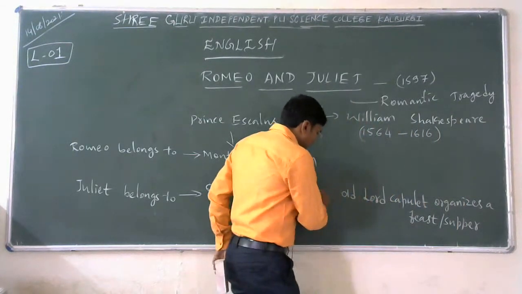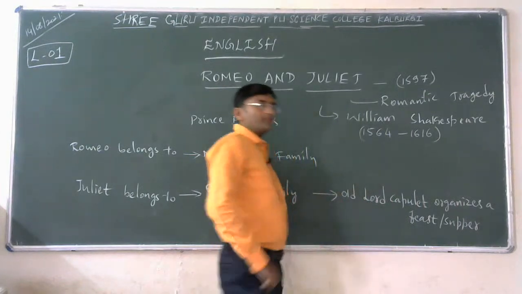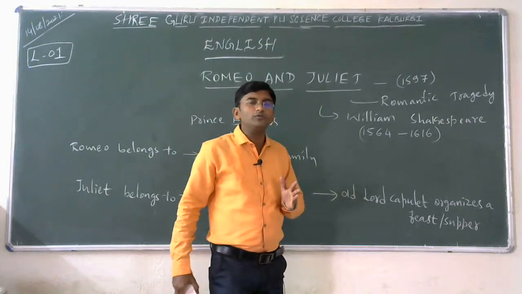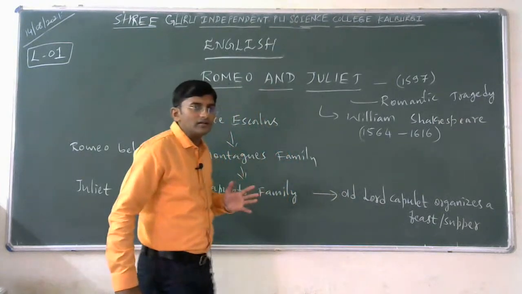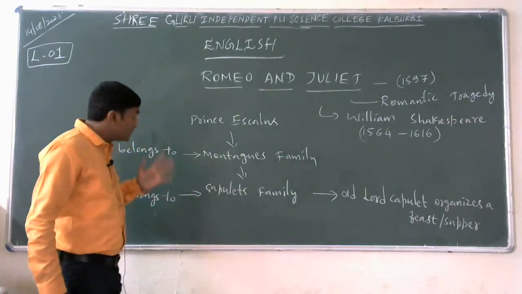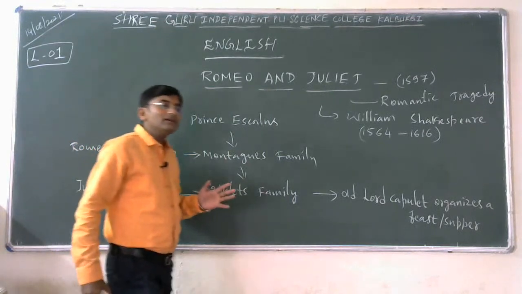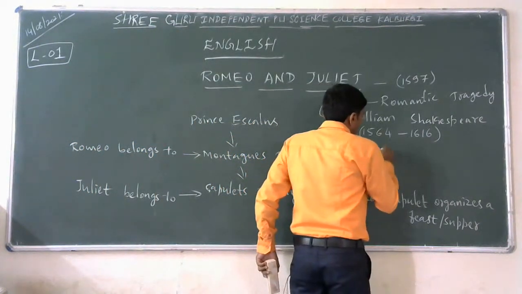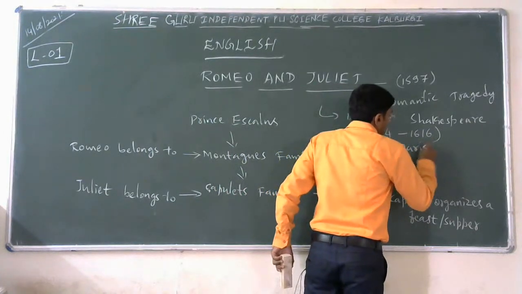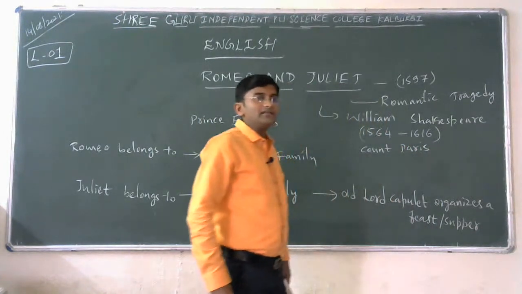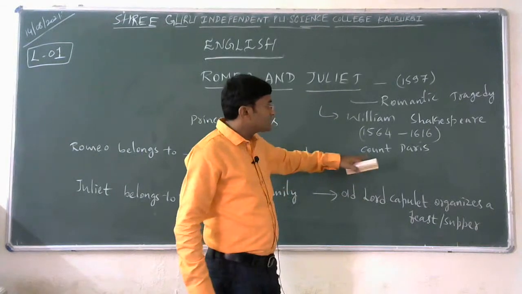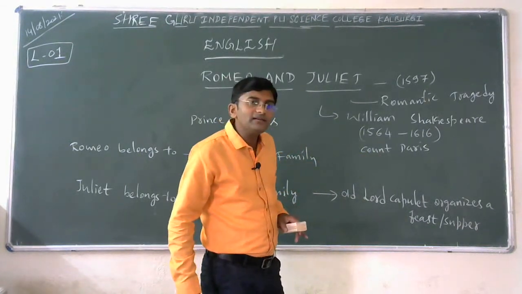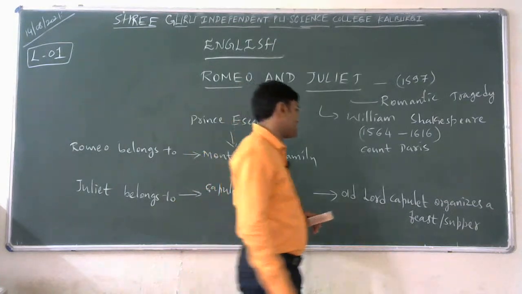Why does he organize a supper? He organizes a supper in order to introduce his beautiful daughter Juliet to marry Paris. Count Paris is the person with whom Juliet is going to be married.